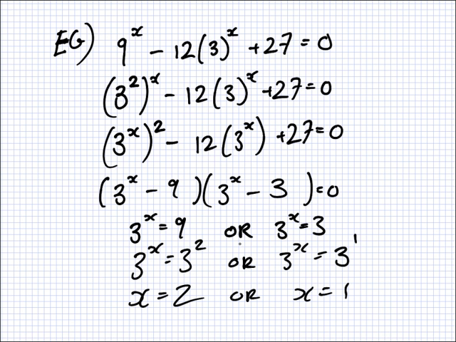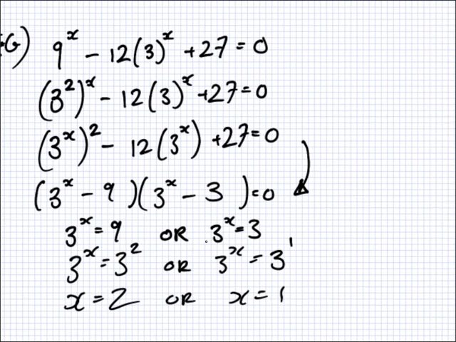A lot of people suggested making a substitution, which is fine if you want to do that in the exam. But for me, I feel it's an unnecessary extra step because it's quite clear that it's a quadratic here. The danger of using a substitution is this could happen.